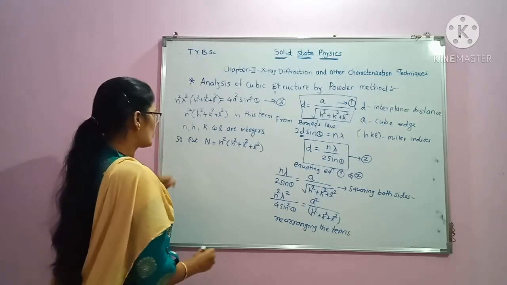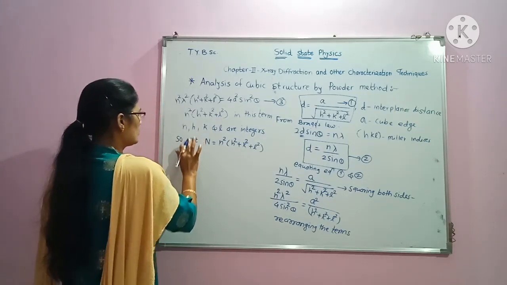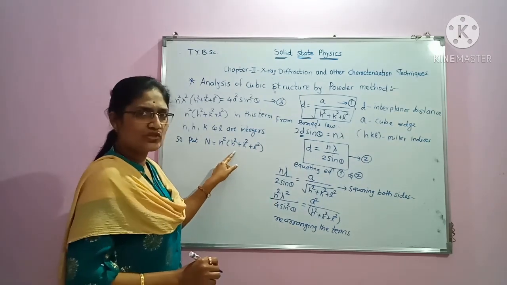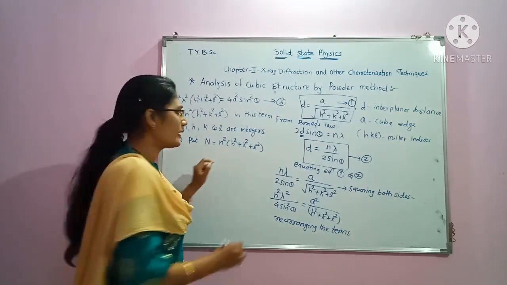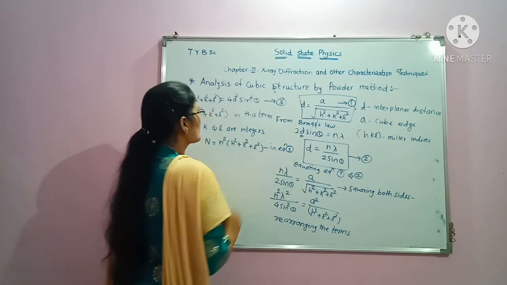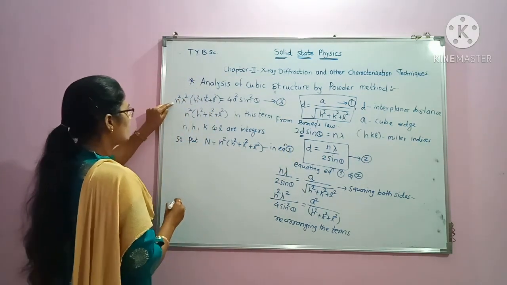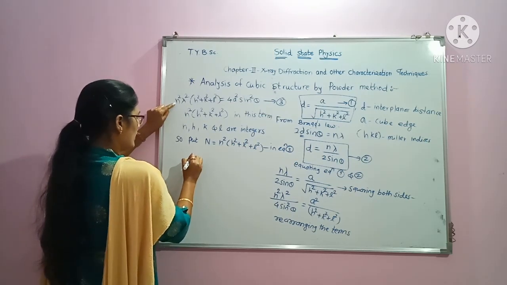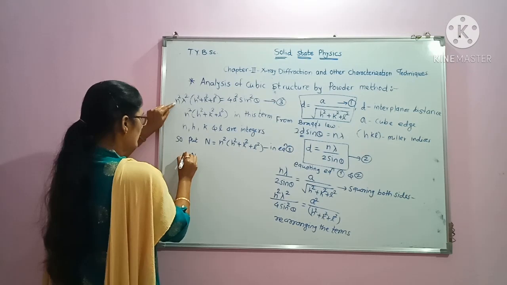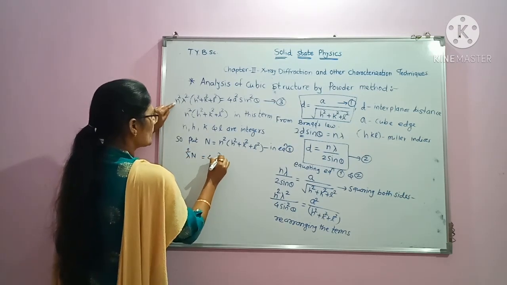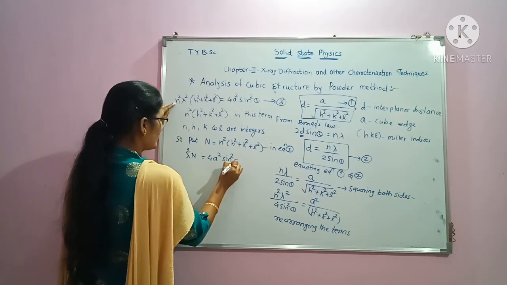So what we obtain here is capital N into lambda square is equal to 4a square sin square theta.